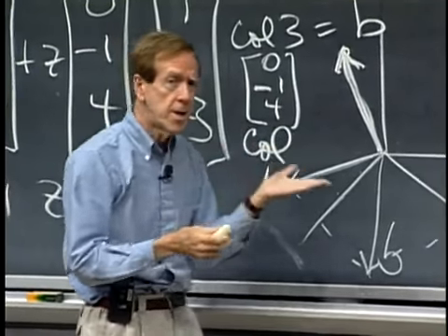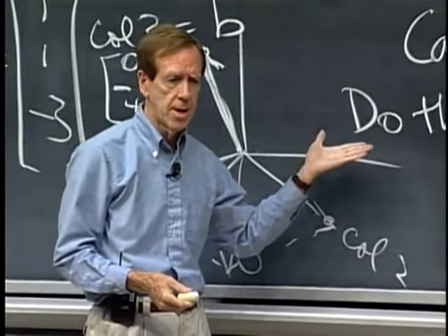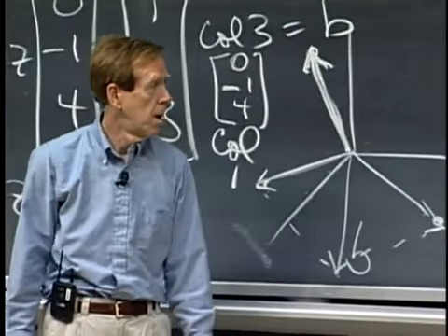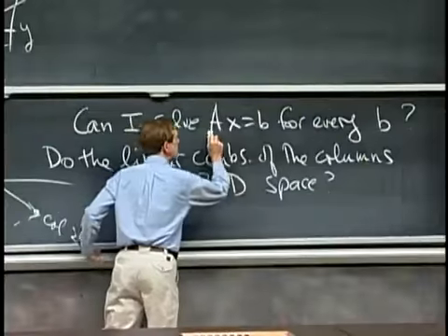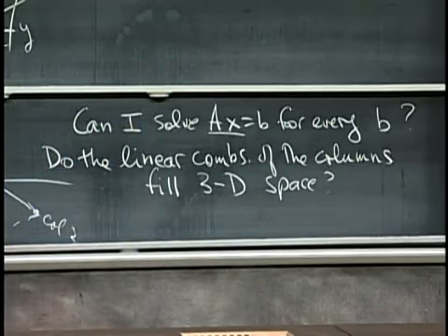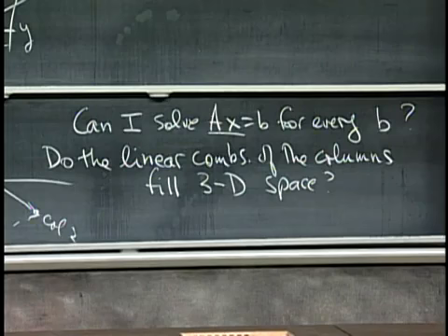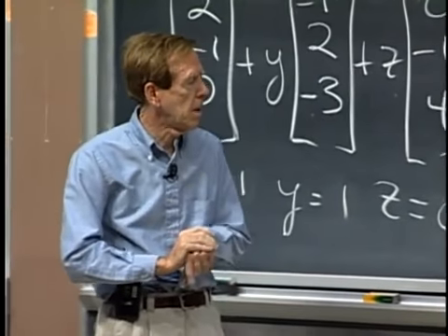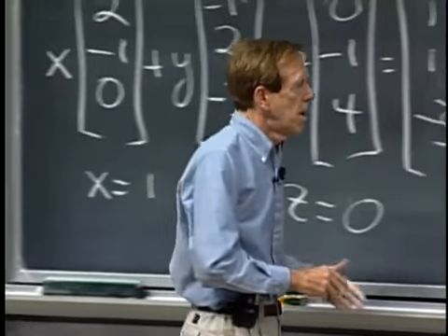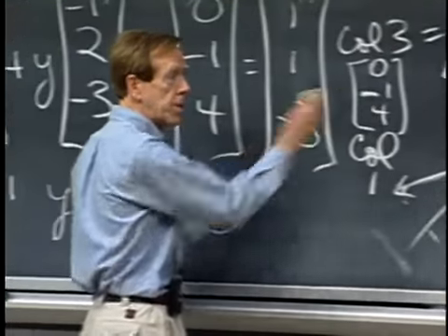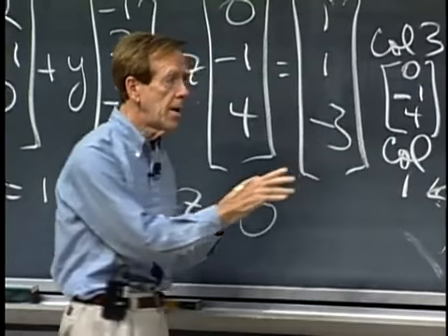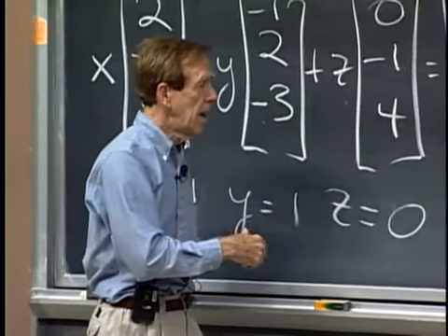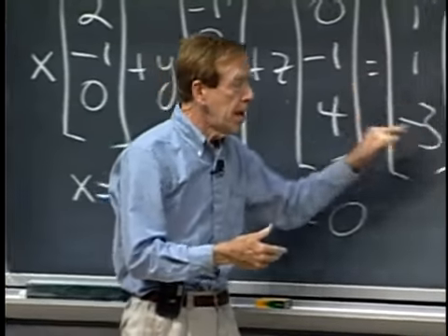So do you see that I'm just asking the same question in different words? Solving AX, that's very important. A times X, when I multiply a matrix by a vector, I get a combination of the columns. I'll write that down in a moment. In my column picture, that's really what I'm doing. I'm taking linear combinations of these 3 columns, and I'm trying to find B.